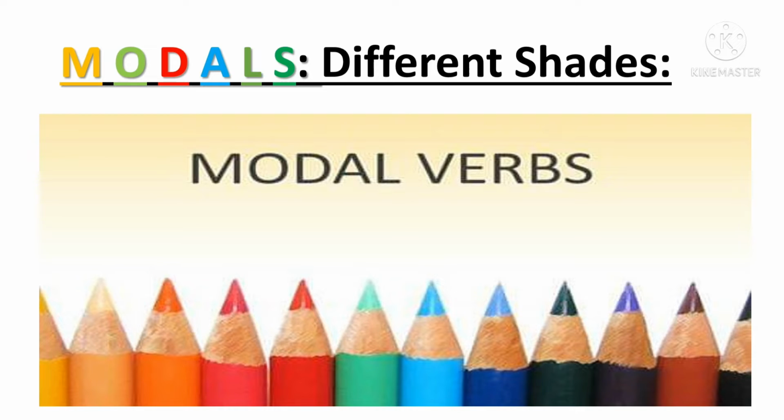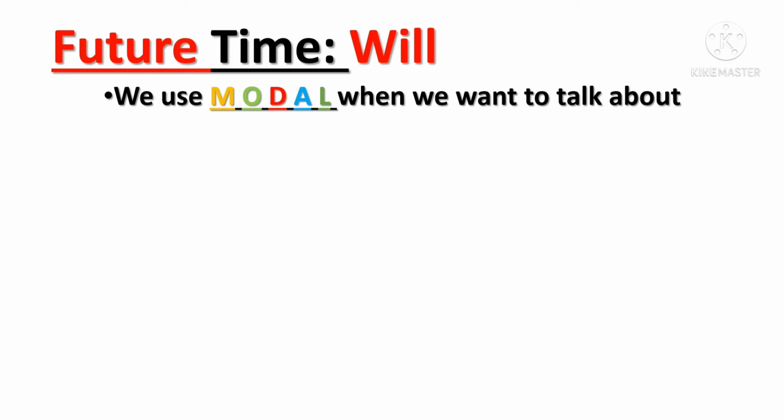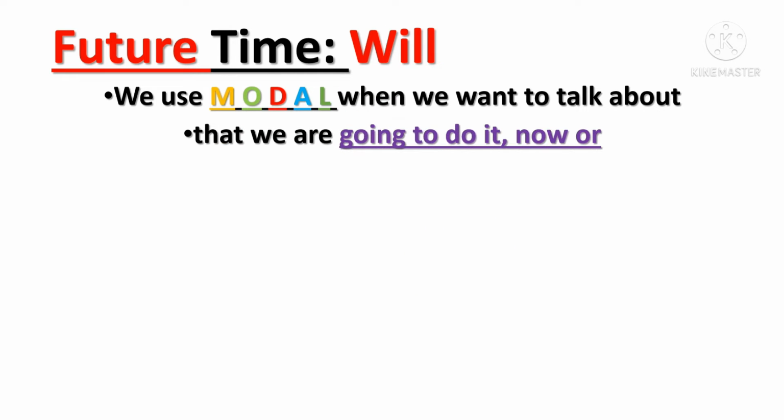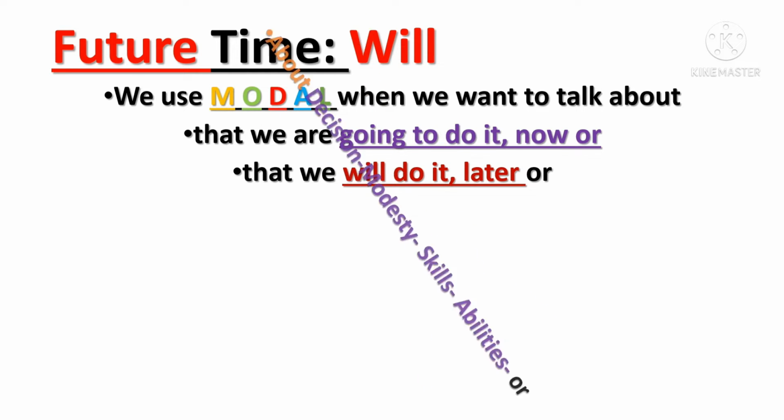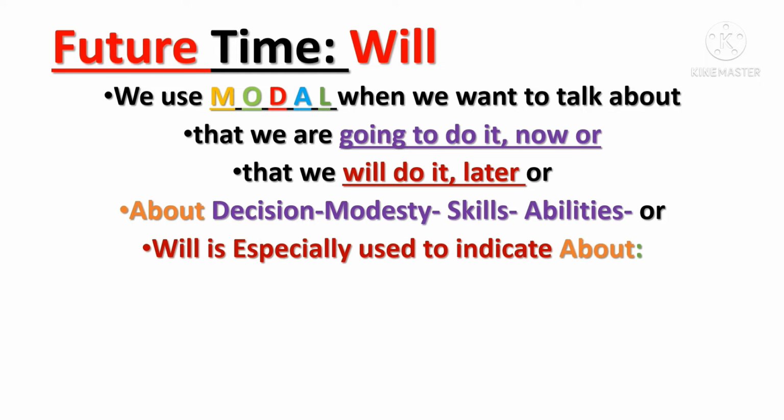Will is different from can, and can is different from may, and may is different from might, so on and so forth. Today, let us learn more about these modal auxiliaries. We use modals when we want to talk about that we are going to do it now or that we will do it later, or when we want to speak about our decisions, modesty, skills, abilities.